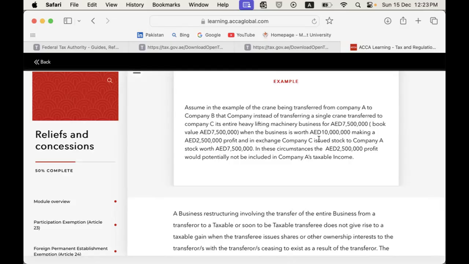And in exchange, company C issued stock to company A, stock worth 7.5 million dirhams. In these circumstances, the 2.5 million profit would potentially not be included in company A's taxable income.